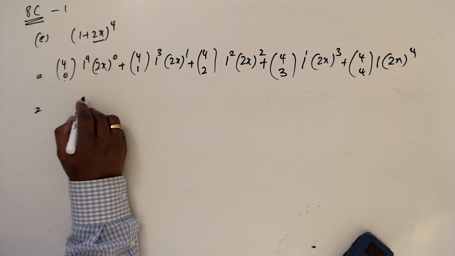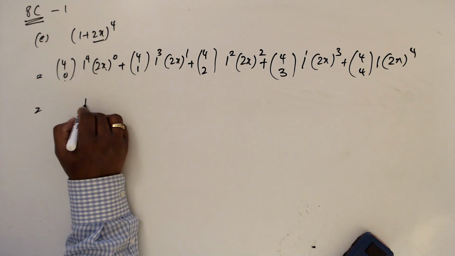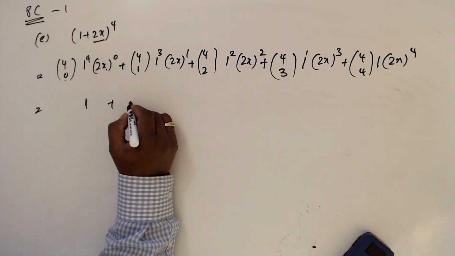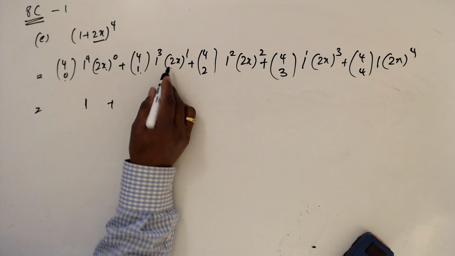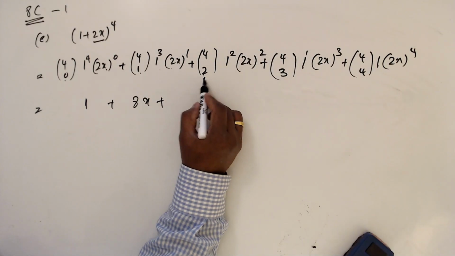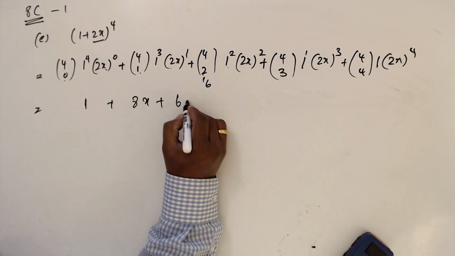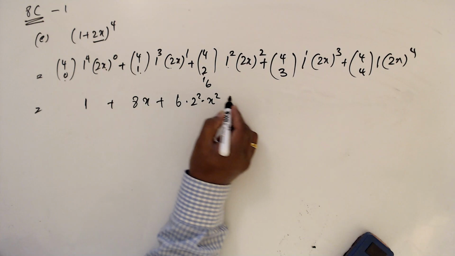This is going to be 1, and this is 4 times 1 times 2, 8x. This is 6 times 2 square x square, which is 24 x square.